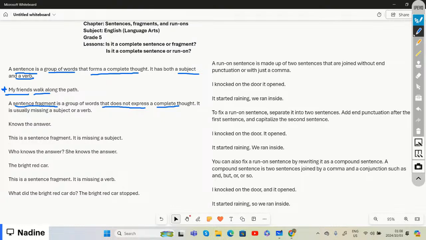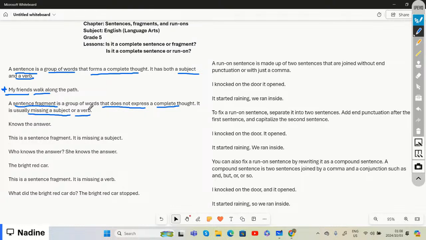And when we say that it does not express a complete thought, the reason why is that it's either missing a subject or it is missing a verb.